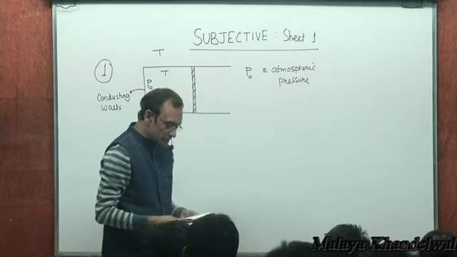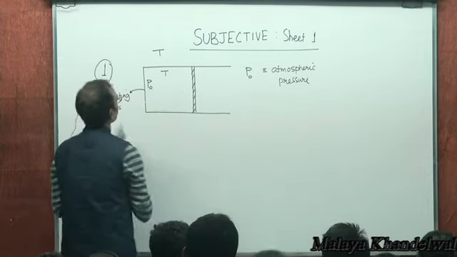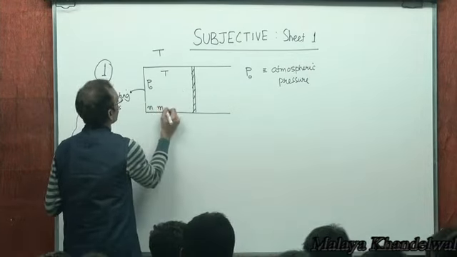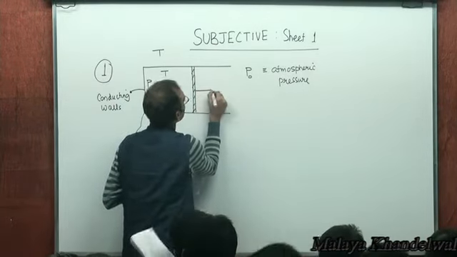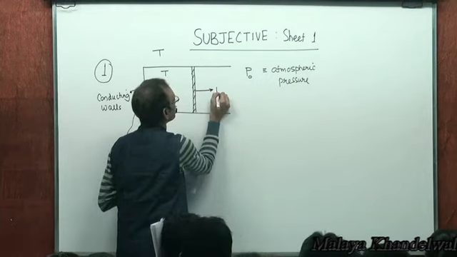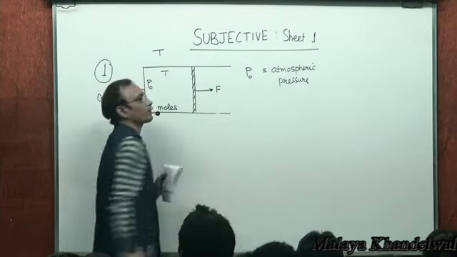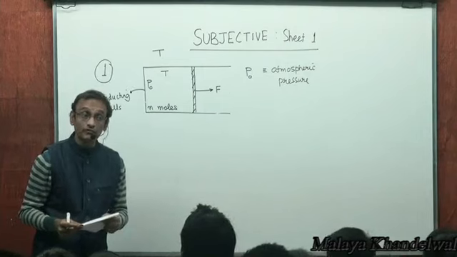Now the piston is slowly displaced, and they say it contains n moles of the gas. The piston is slowly displaced by a force F.